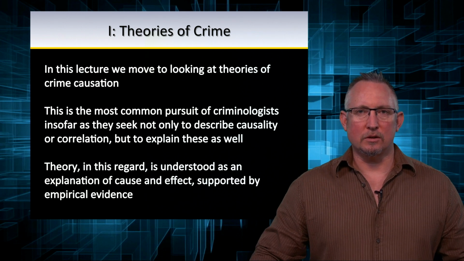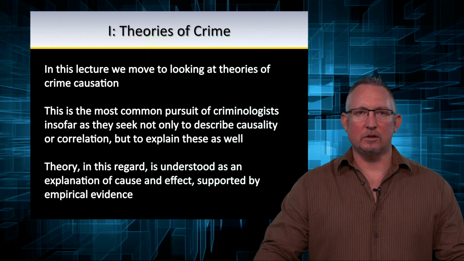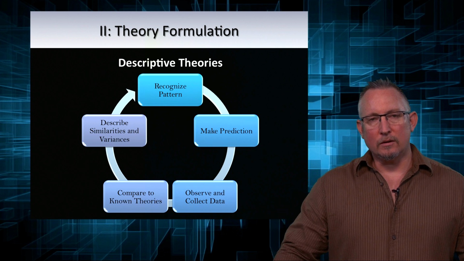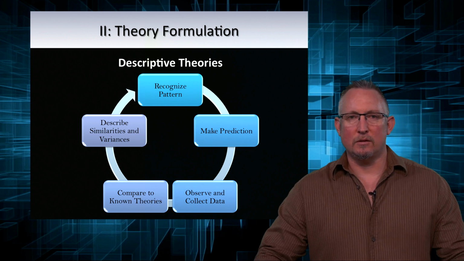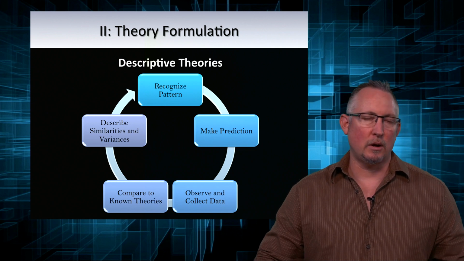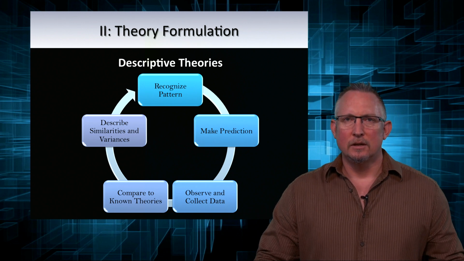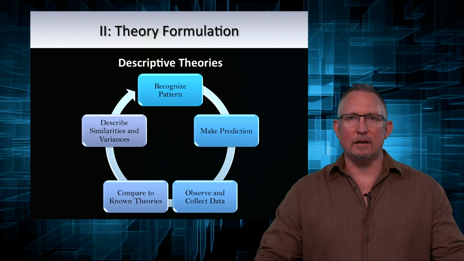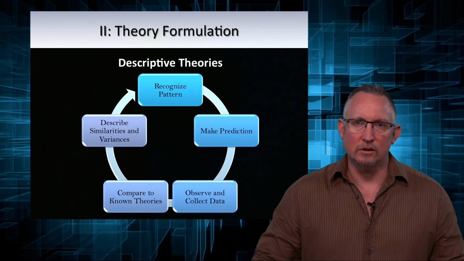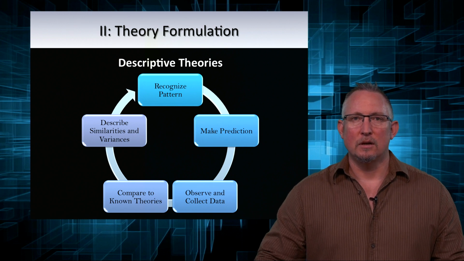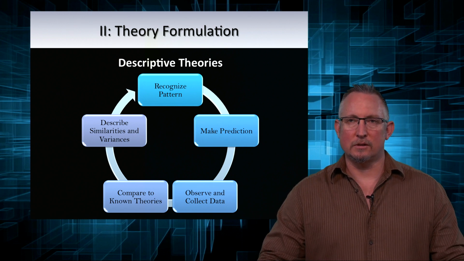Theory in this regard is understood as an explanation of cause and effect supported by empirical evidence. So we can think of 2 types of theories. The bog standard that you would have learned early in high school biology would be familiar to you in this descriptive theory, where we recognize patterns, we make predictions on these patterns, we observe and collect data, we compare to known theories, we describe similarities and variances.